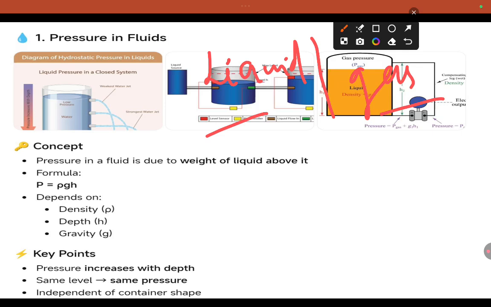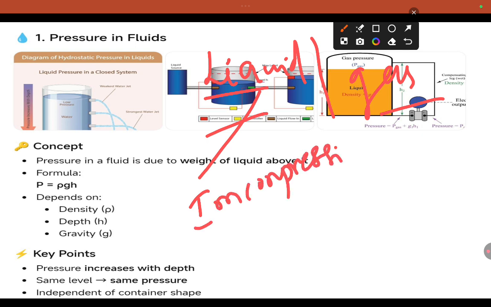Fluid is liquid and gas. When you check the liquid, liquid is incompressible. You can try yourself also. Whereas gas is compressible. You can take water in a balloon and apply some force.